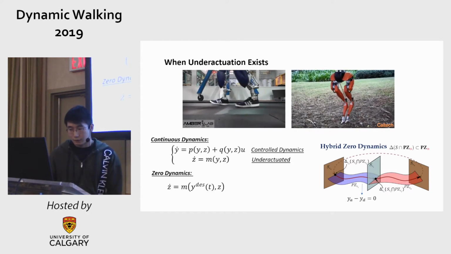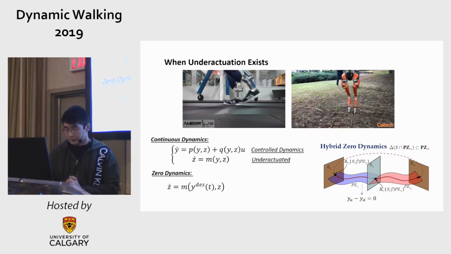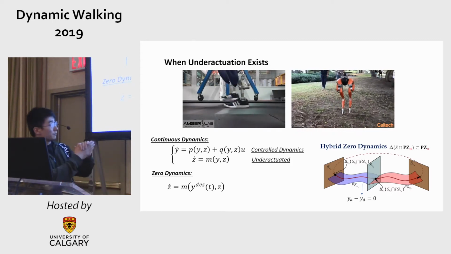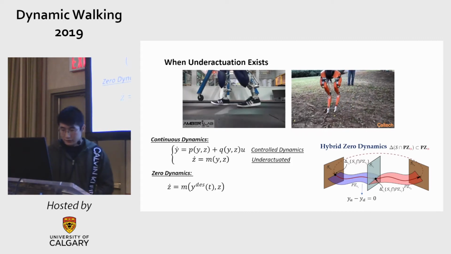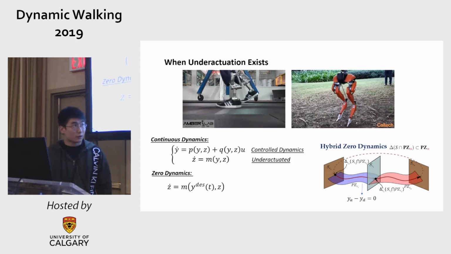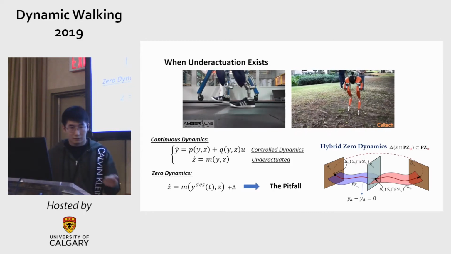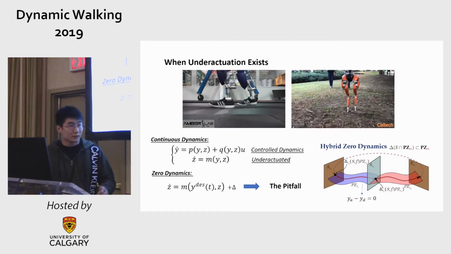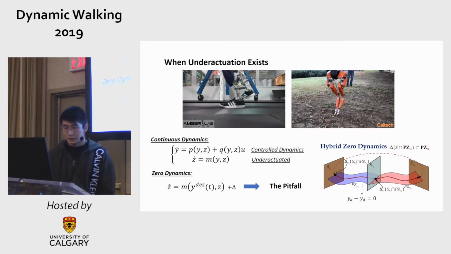So when your outputs are driven to the desired, the underactuated dynamics is the zero dynamics. And the way you do that is to make sure this is stable by solving for the right y. But this is a pitfall, right? If your robot model is not accurate, or you have disturbances, this can lead to behaviors you don't want. You don't want to track a trajectory that you don't even have input into the system, right?